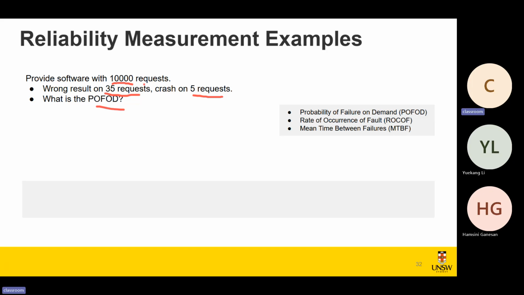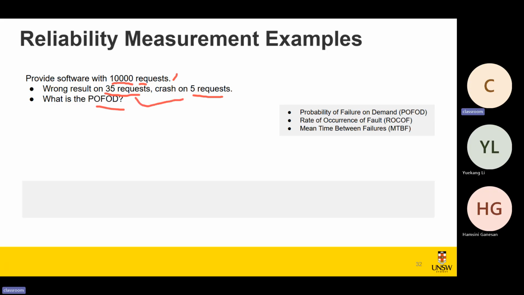We only have the information about the number of requests and the number of failures. We don't have the information about the time, right? We can't use the time-related metrics. We can only use the probability of failure on demand. So what is the value of this one here?